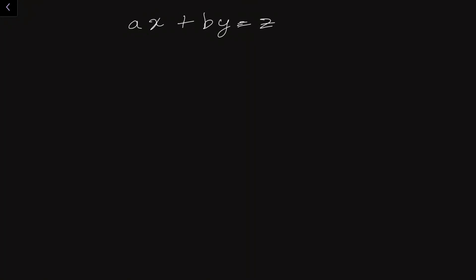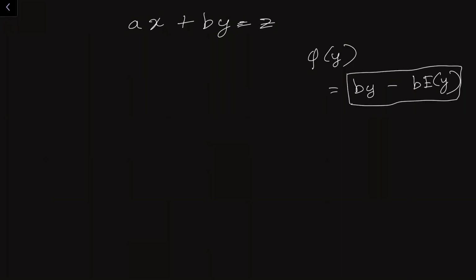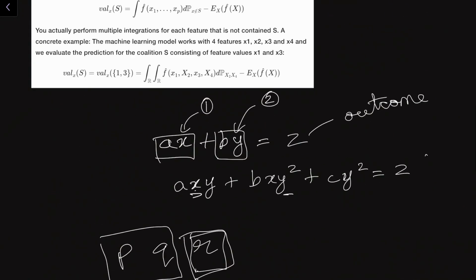So let us say we are calculating the Shapley value for Y. For a linear example, we know the value should be P of Y minus P of expected value of Y, or the average value of Y. So this is the marginal contribution of Y in this particular outcome, whatever it actually contributed, minus what it has been contributing on average for all the instances that it has been in.